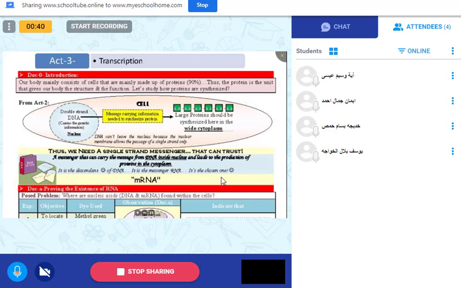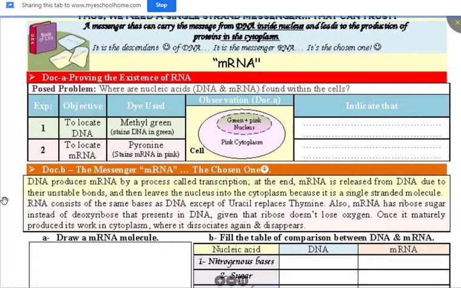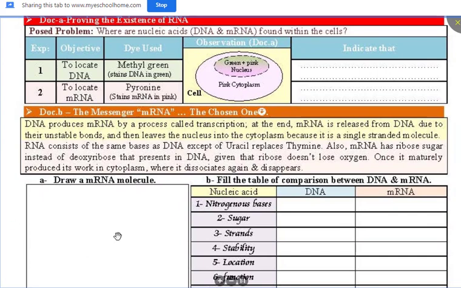Now, what is the function of the messenger RNA? It is to copy the DNA. And we located DNA by methyl green inside the nucleus; it gives a green color, and pyronine gives the messenger RNA a pink color in the cytoplasm.